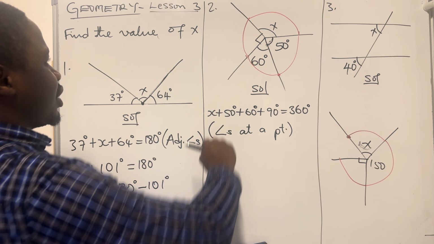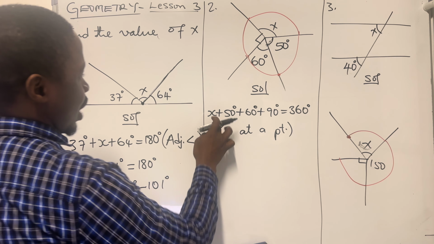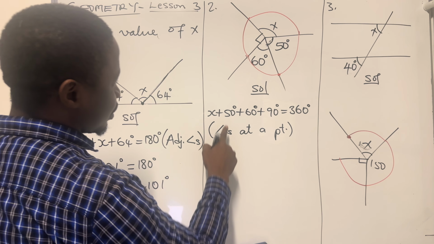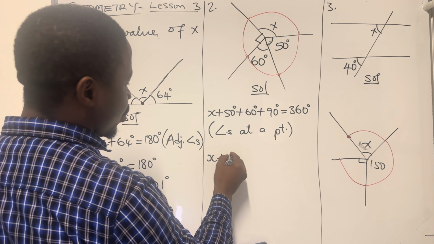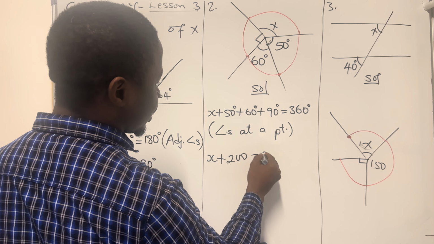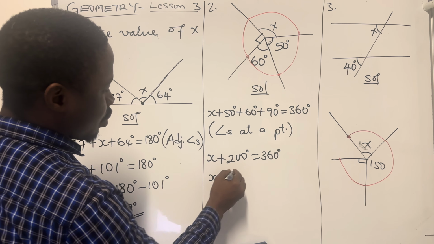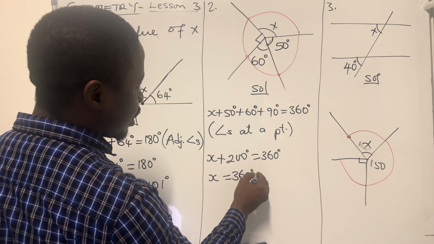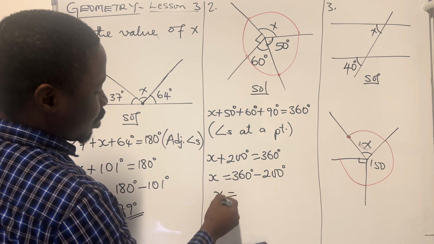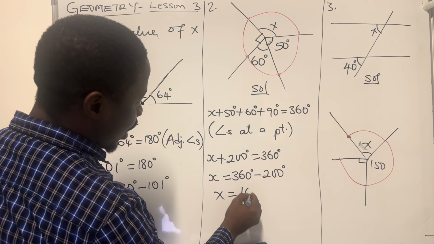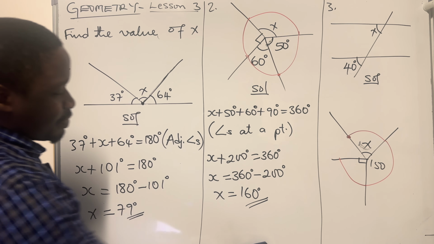The most important thing, you add everything to what? 360 degrees. So now we say X plus 50, 60 is 110, and this is 200, which is 360 degrees. So X is equal to 360 degrees minus 200 degrees. And what is this equal to? 160 degrees. So this is what we have.